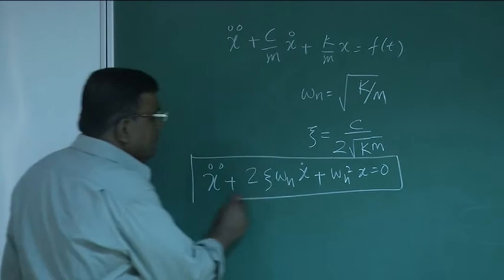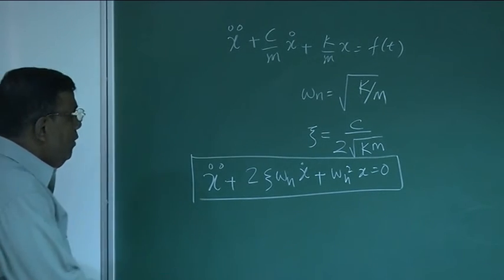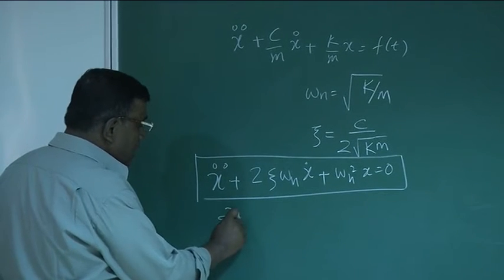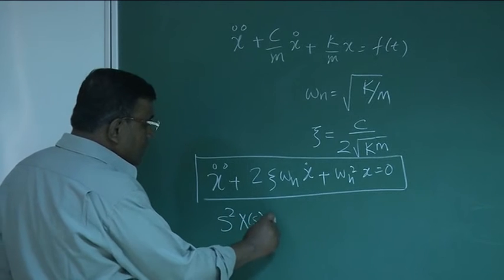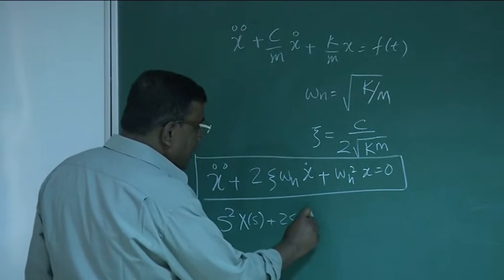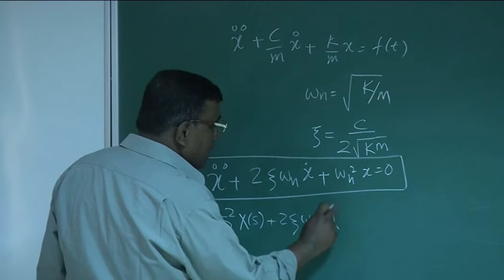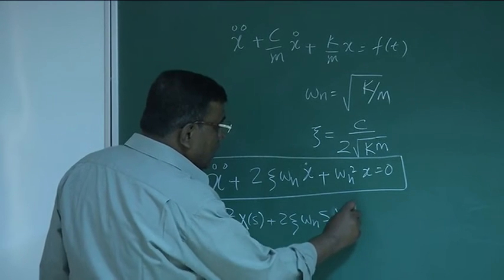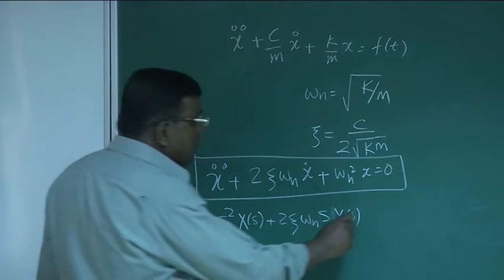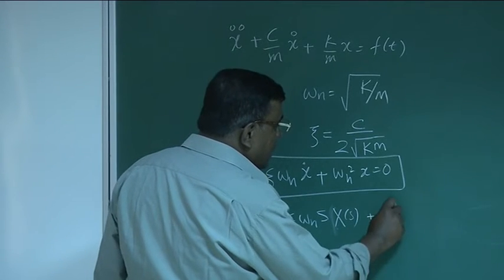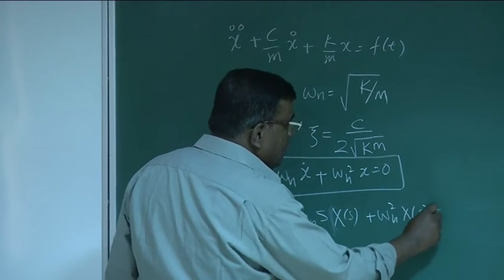Once we agree with this, now if I take a Laplace transform, what happens? It becomes s square x of s plus 2 zeta omega n s into x of s. We are putting all initial conditions 0, plus omega n square x of s equal to 0.